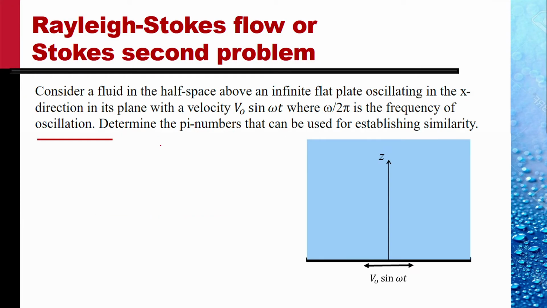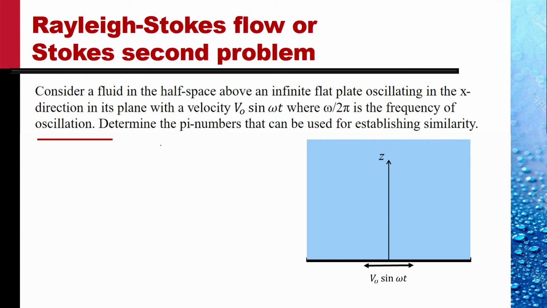Now let's do a little more complicated problem. This is a problem which is known as Rayleigh-Stokes flow, or Stokes' second problem in fluid mechanics. The problem situation is simple.